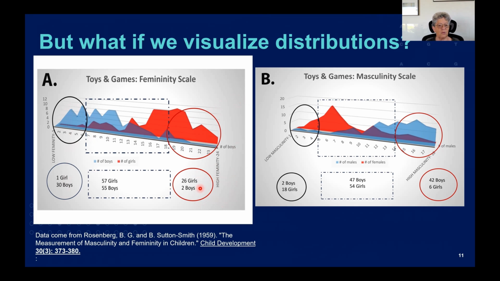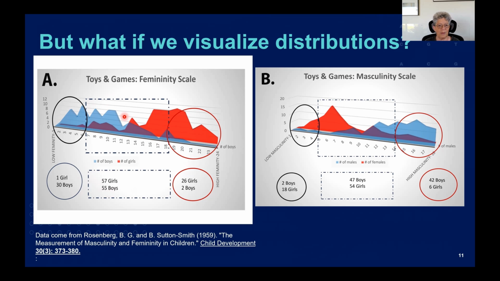But when we look at it this way, we really don't conceptualize the masculinity, femininity very well because we're missing half the kids. And if we look in the middle, we have 57 girls and 55 boys, and we see that they play with different levels of both the so-called male toys and so-called female toys.